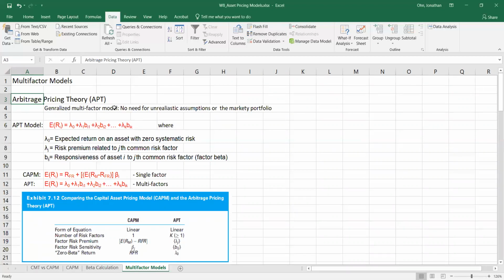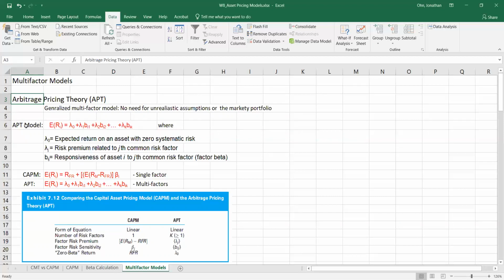The advantage of this one is that there is no need for unrealistic assumptions on the market portfolio. So the arbitrage pricing model does not need the market portfolio. But in the CAPM model, we need the market portfolio to estimate the beta, the systematic risk. But this one does not.